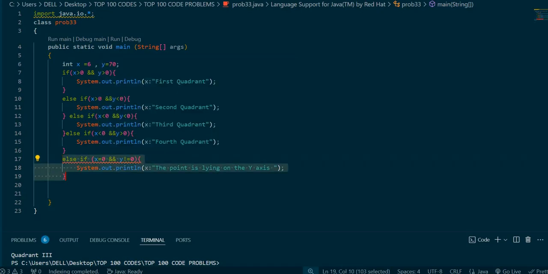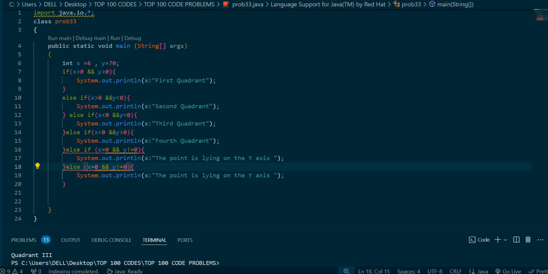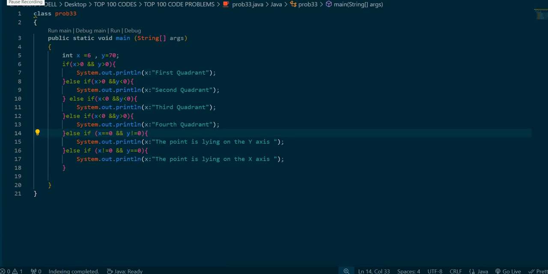The next and last condition is, if the value of x is not equal to 0 but the value of y is 0, then the point will be lying on the x-axis. Here you have to use double equals. So this is our program for problem 33.